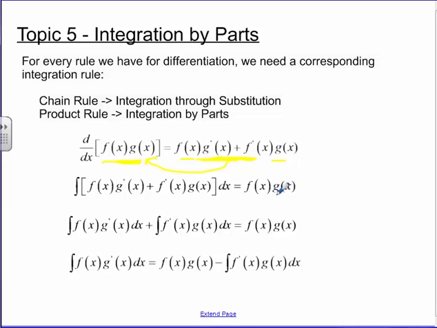Well, what we could do is apply an antiderivative sign to the first half of what would have been the product rule and the second half. So you can see how I've antiderived both of these pieces. And then for the last bit, we've taken the f prime and g of x that was on the left-hand side and brought it over to the right-hand side, and it formed this formula.